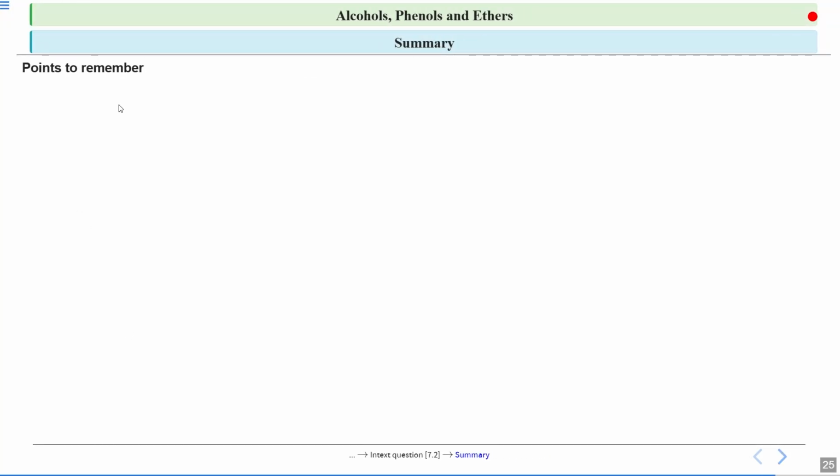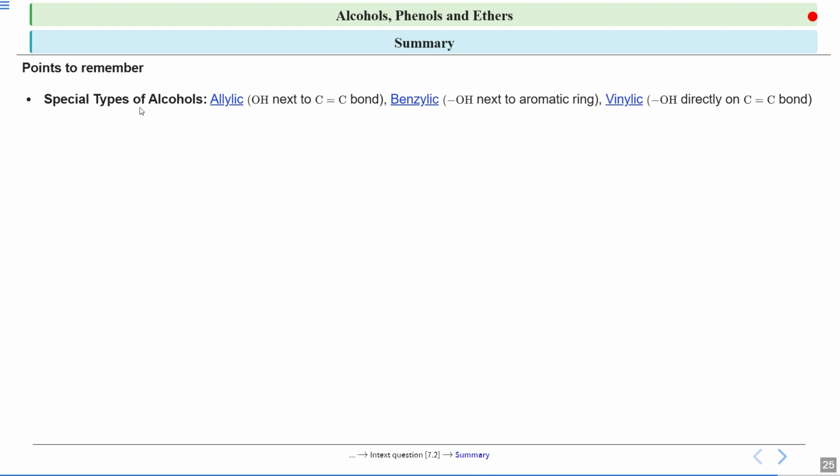Another point to remember: we have seen the special types of alcohols, like allylic, where the hydroxyl is present next to the carbon-carbon double bond; benzylic alcohols, where the hydroxyl is present next to the aromatic ring; and vinylic alcohols, where the hydroxyl group is directly attached to a double bonded carbon.